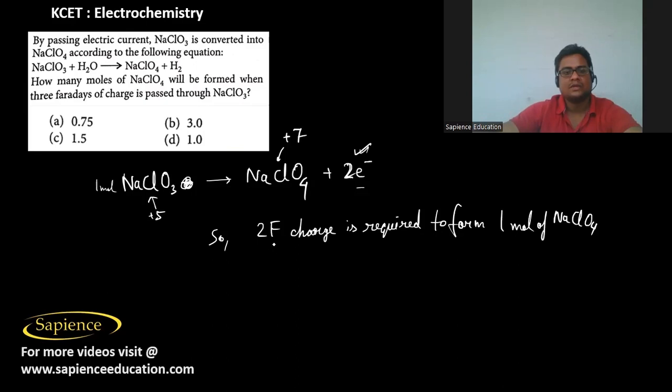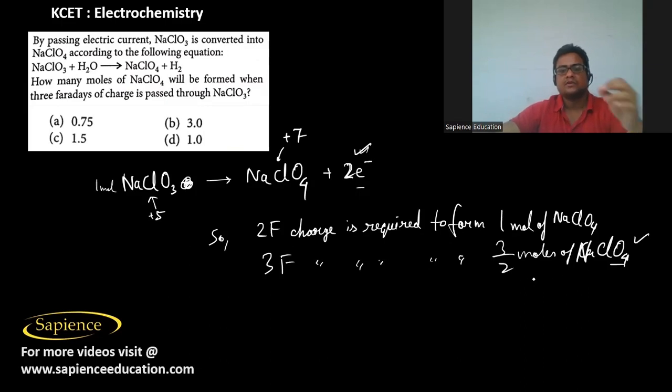So 1 Faraday is required to form half mole of NaClO4. So 3 Faraday charge is required to form 3 by 2 moles of NaClO4. So 3 by 2 moles of NaClO4 will be formed. 3 by 2 means 1.5 mole. So option C is the correct answer.